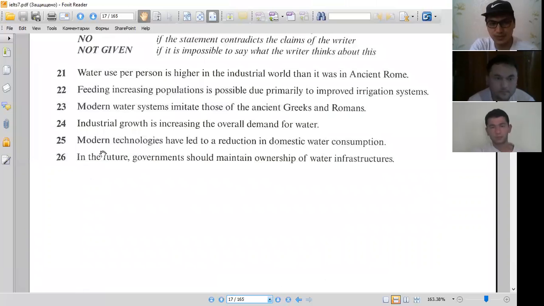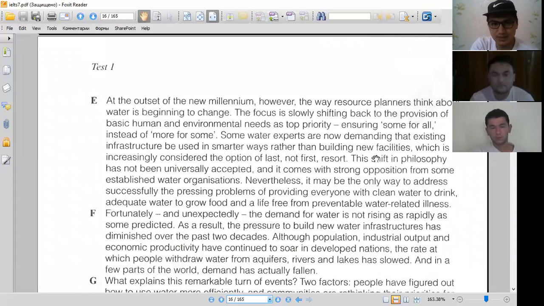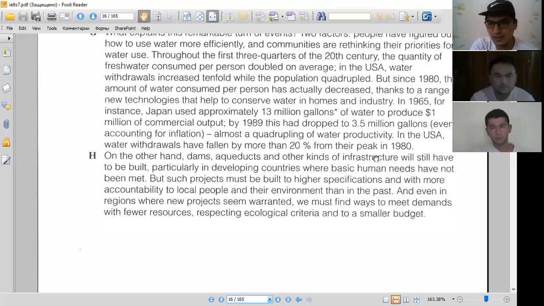Yes, true. In the future, governments should maintain ownership of water infrastructures. Keywords: future, governments should maintain the ownership. So future, will. Can you see the will? It's the future signal. But the biggest keyword, governments. So we have to find, so the biggest keyword, governments, we have to find it from the paragraph.